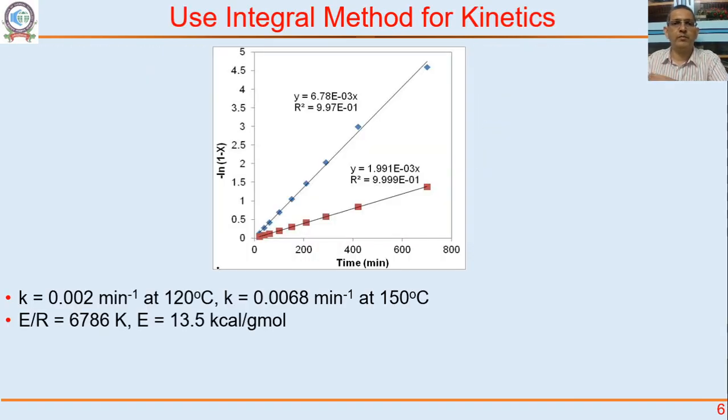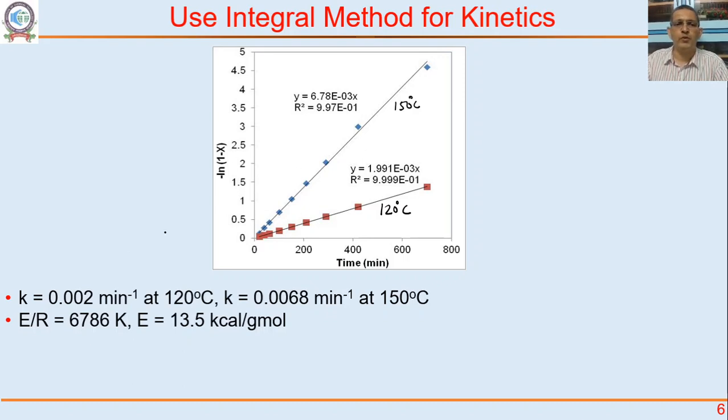We could do an integral method, we could do a differential method. Do this for yourself. Integral method: if you plot ln(1 minus x) versus time, you will get a straight line at 120 degrees centigrade and at 150 degrees centigrade. This is the data at 120 degrees centigrade. This is the data at 150 degrees centigrade.